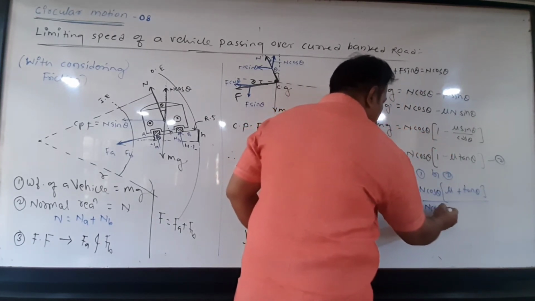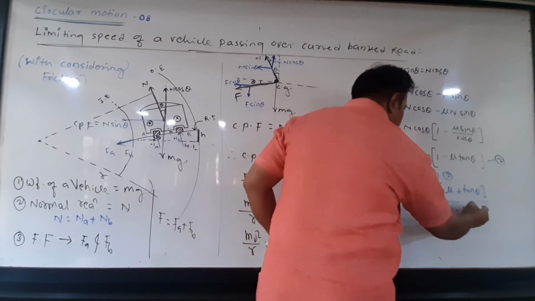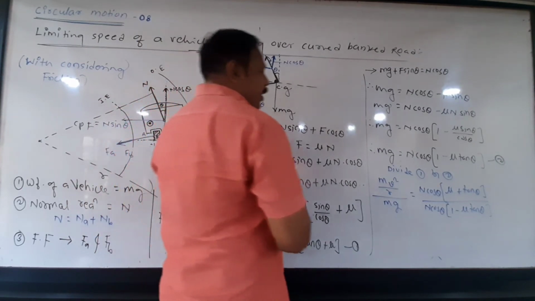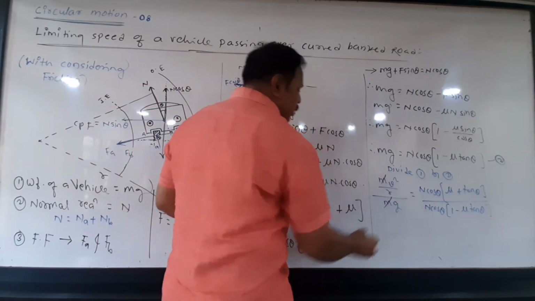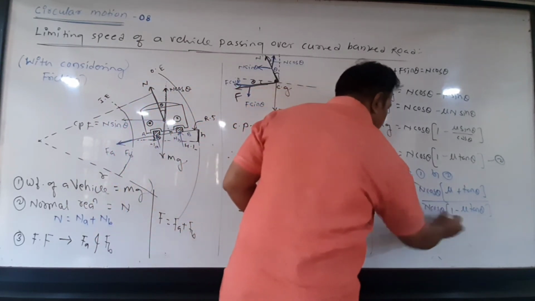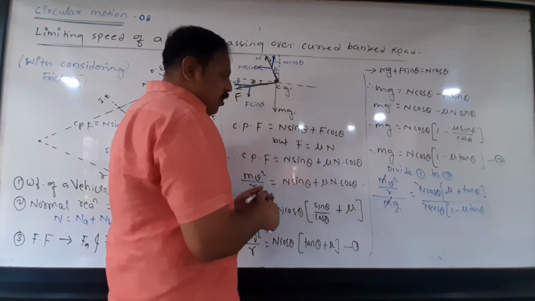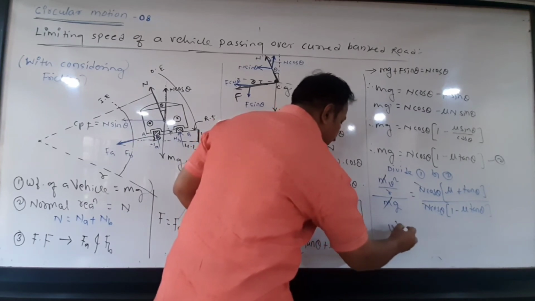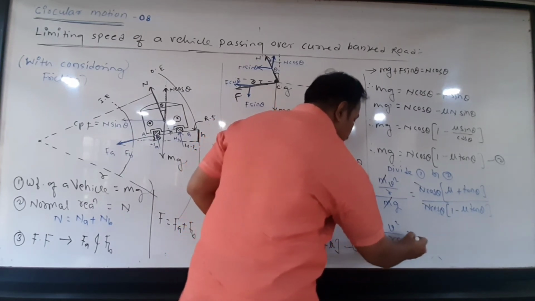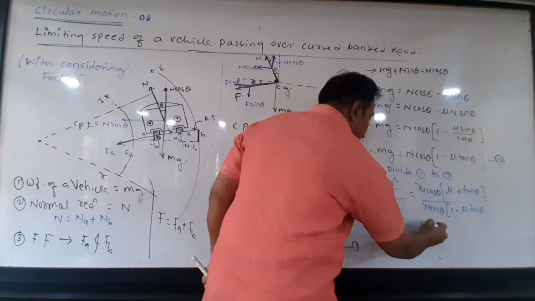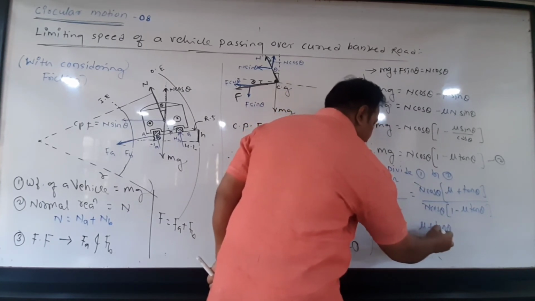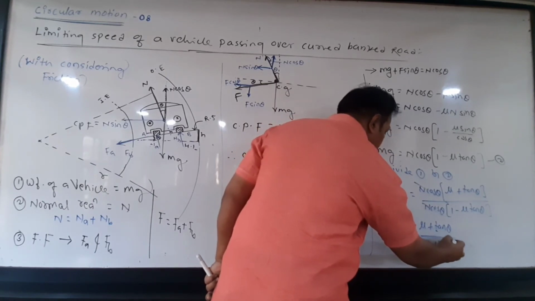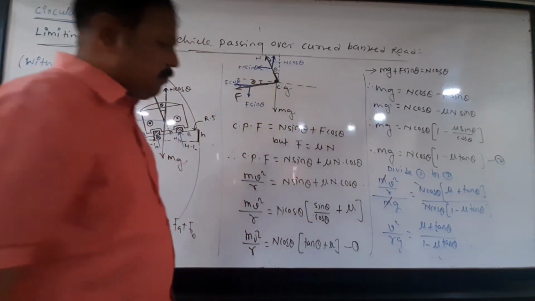It is again N cos theta, 1 minus mu tan theta. Now what will get cancelled here? m from both the sides gets cancelled. N cos theta gets cancelled. So here it becomes v square upon rg is equal to mu plus tan theta divided by 1 minus mu into tan theta.